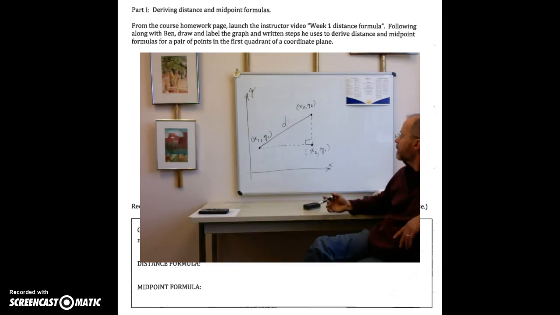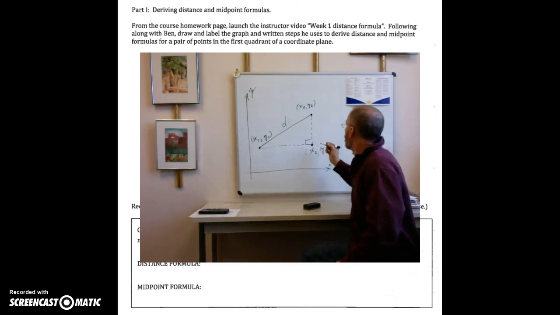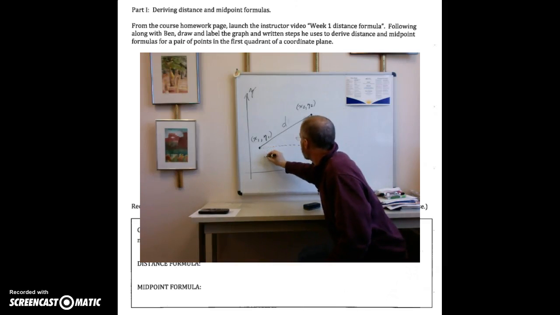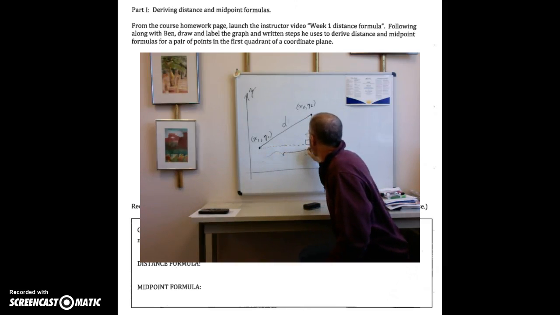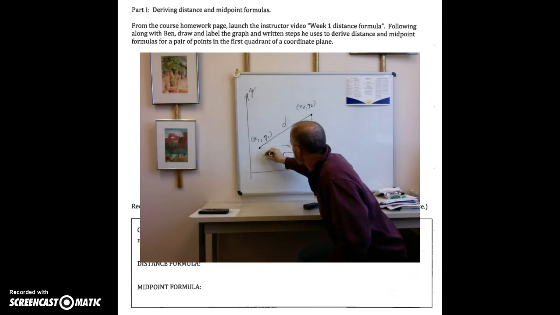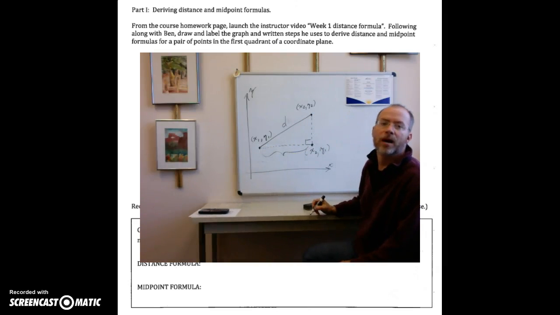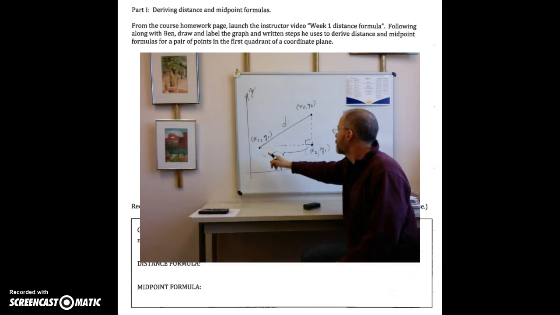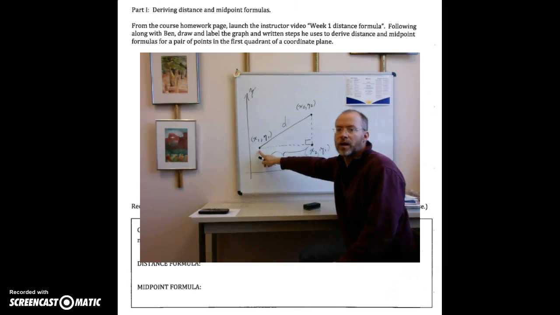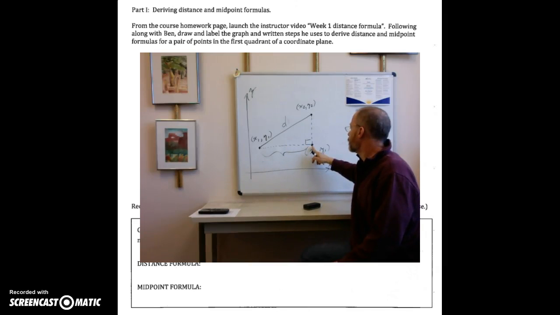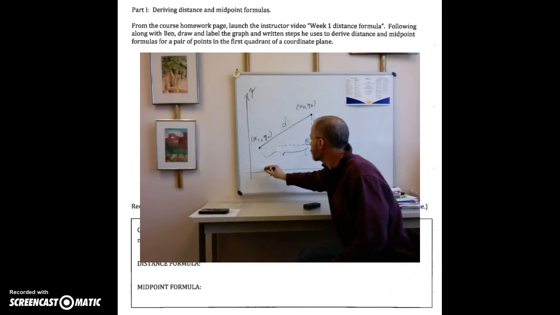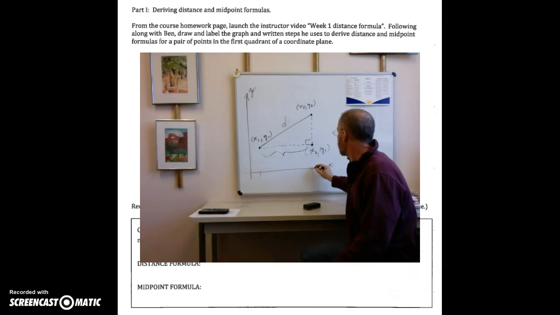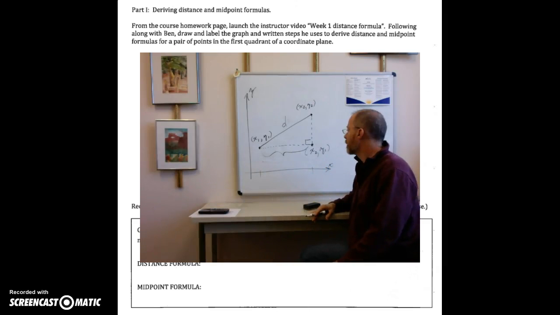Then let's figure out, from these coordinates, what the length of this leg of the triangle down here would be. This has an x-coordinate of x1, and this has an x-coordinate of x2. So on the x-axis, this would be x1, and this would be x2, right?